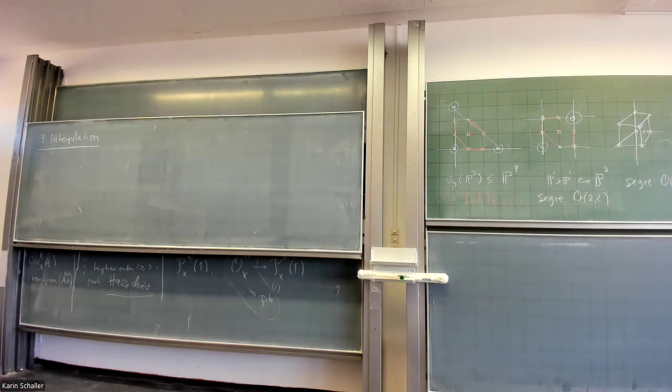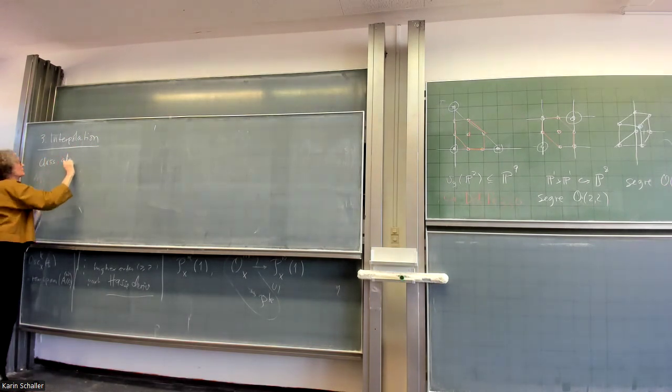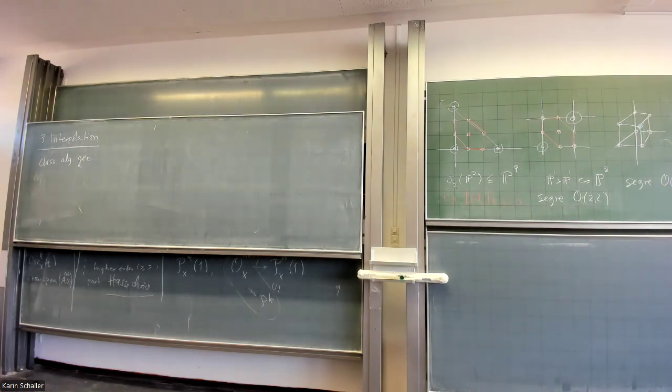So what is the classical algebraic geometry? The classical interpolation problem in algebraic geometry is, for example, to look at hypersurfaces of a given degree and ask how many points can such a hypersurface interpolate.